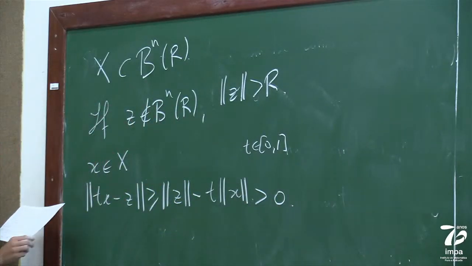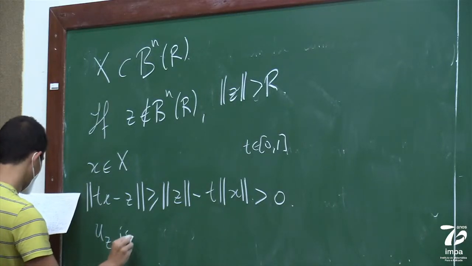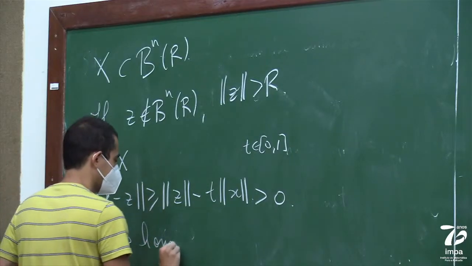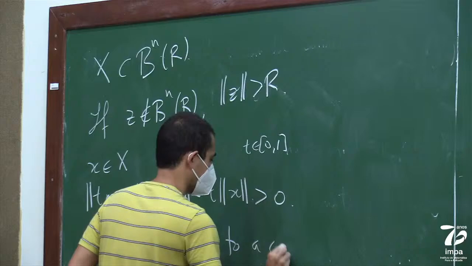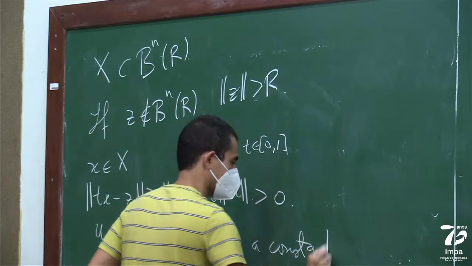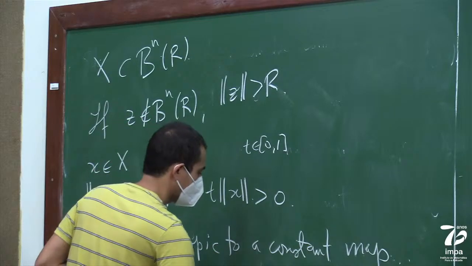So that means that Uz is homotopic to a constant map, the constant map z over norm of z.